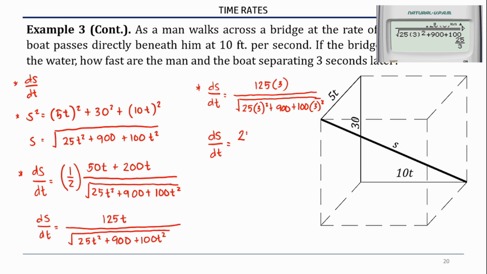So ito na yung sagot natin. At yung units niya ay feet per second. Okay. So, ganun lang kadali magsagot ng time rates. We always get the derivative with respect to time.